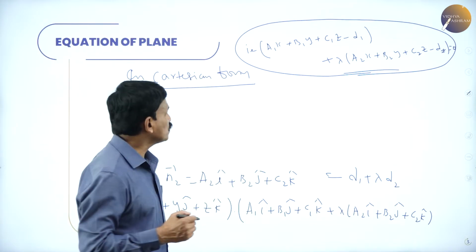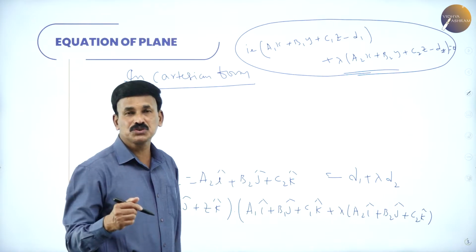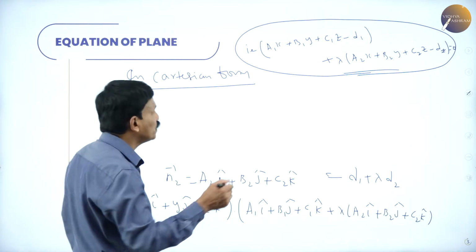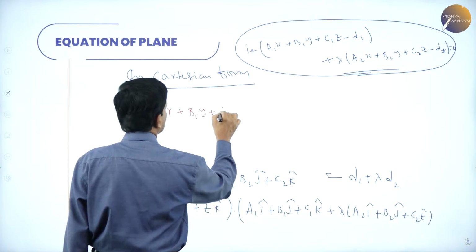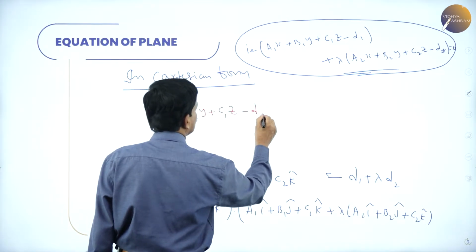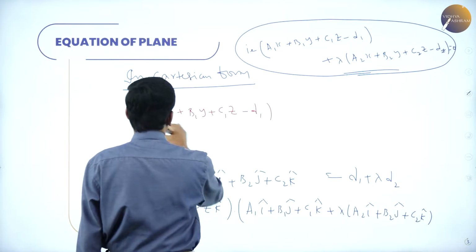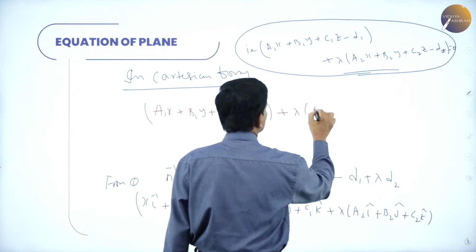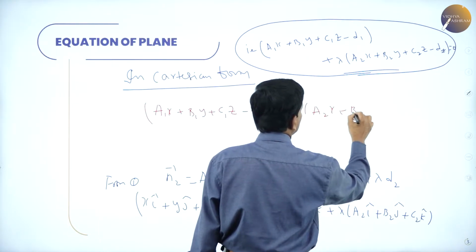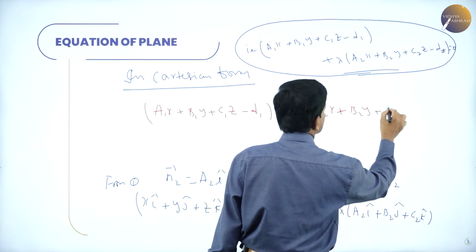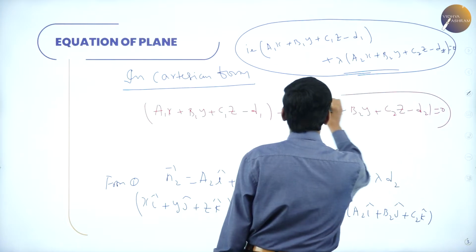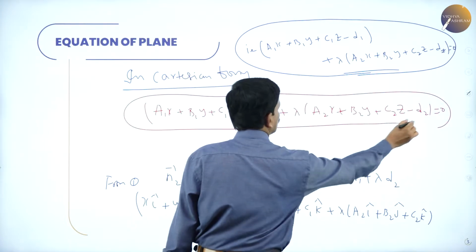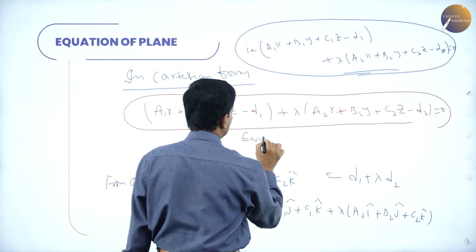So hence the equation of the plane passing through the intersection of the two given planes in the Cartesian form is a1x plus b1y plus c1z minus d1 plus lambda into a2x plus b2y plus c2z minus d2 is equal to 0.